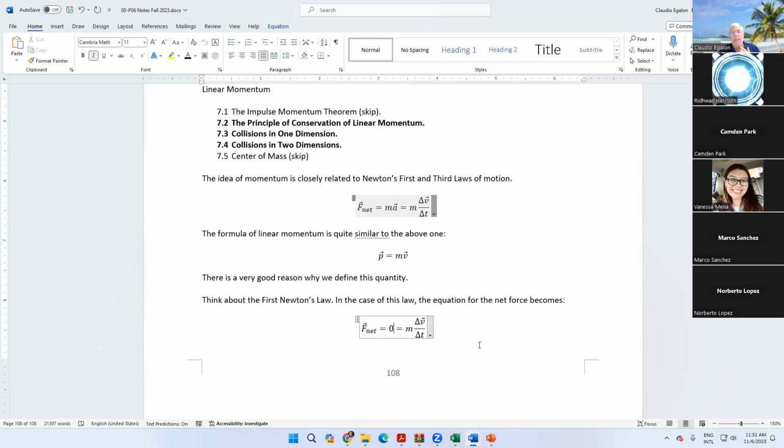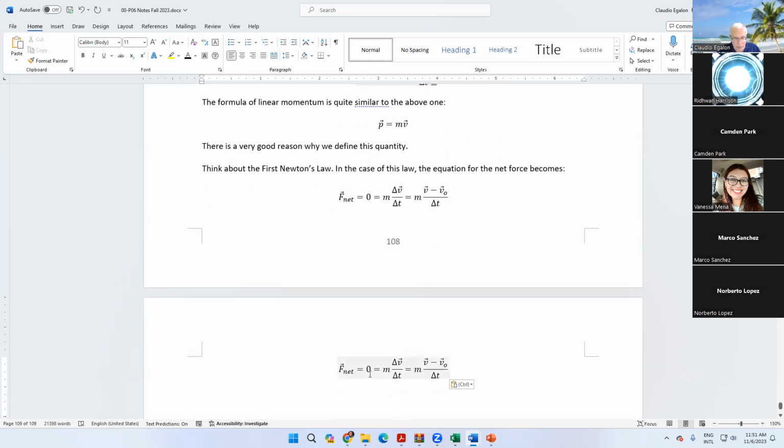If we apply Newton's second law to this specific circumstance, what are we going to have? Take a look here. We're going to have final velocity minus initial velocity. And there is more.